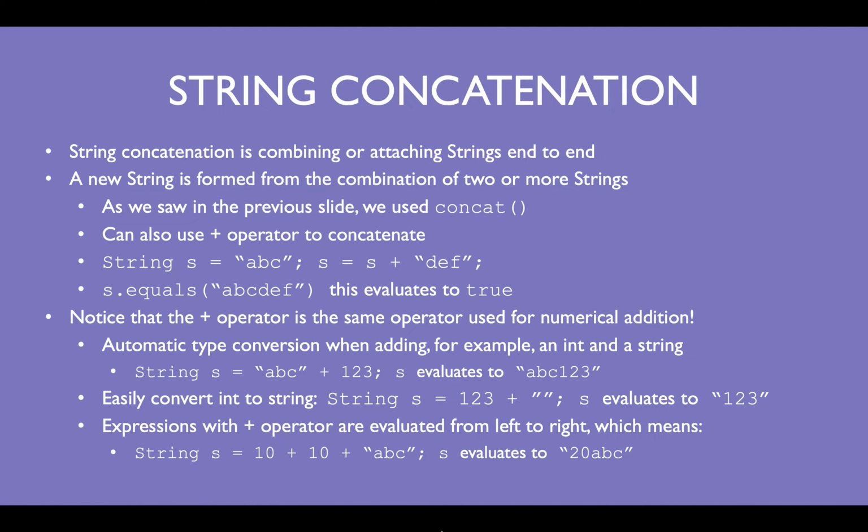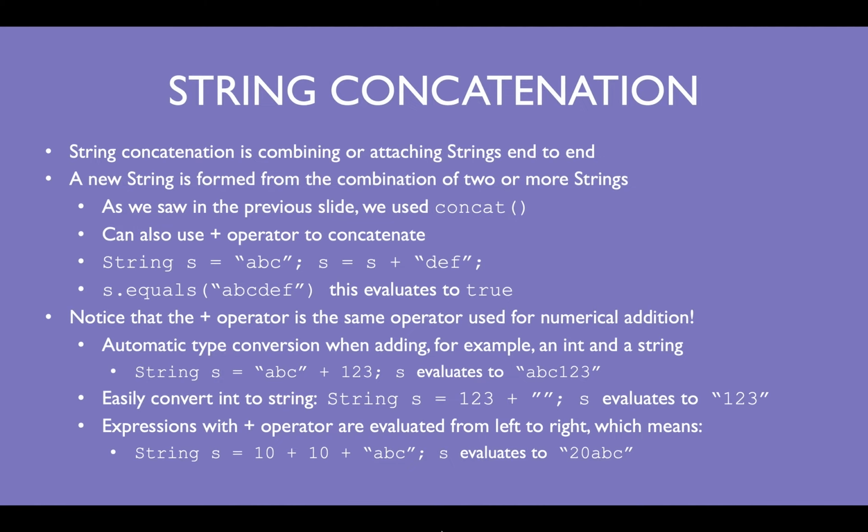What happens here is that once the Java compiler sees that we're using the plus operator on a string, whatever comes after that, for example an integer here, gets changed to a string, and the string sort of overrides whatever data type was there and turns it into a string.